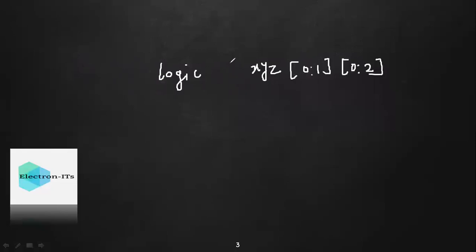Here 0 to 1 is your unpacked dimension, then 0 to 2, and packed is 2 to 0.